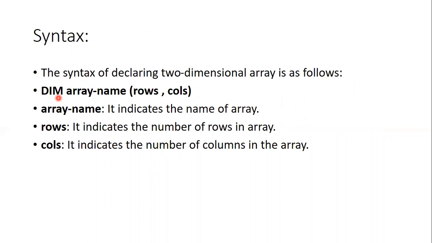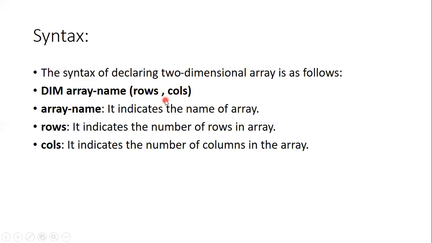The Dim keyword is used in both arrays, whether the array is one-dimensional or two-dimensional. And we know very well the use of the Dim keyword. Along with the array name, this is the same as we discussed in the 1D array. But in parentheses, there would now be two values.